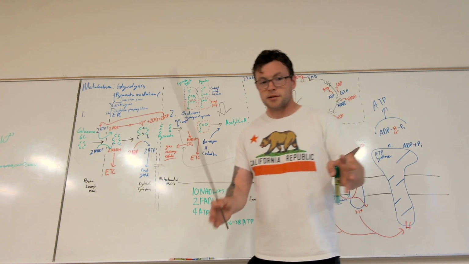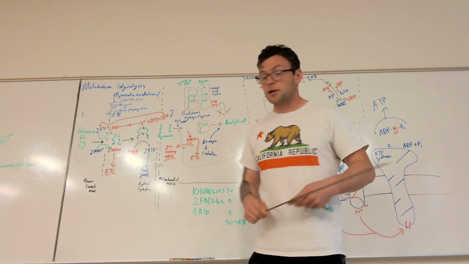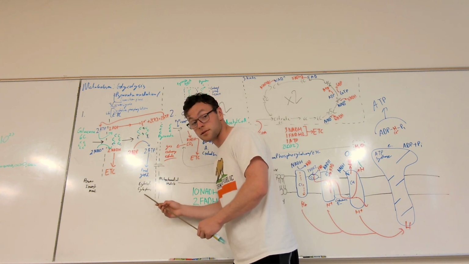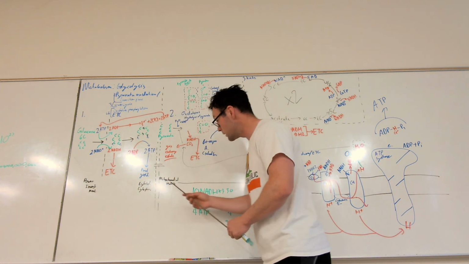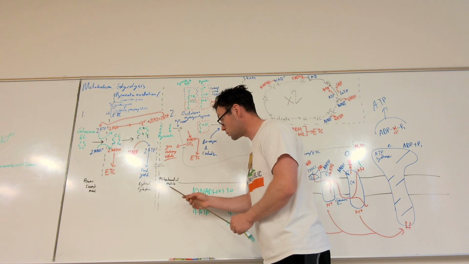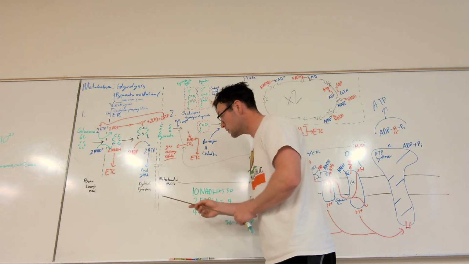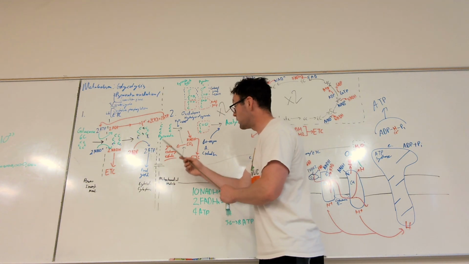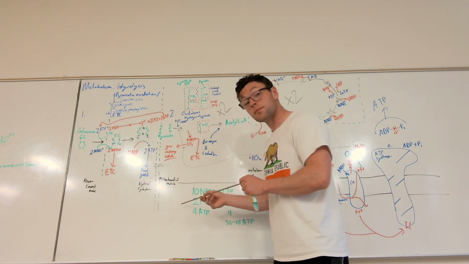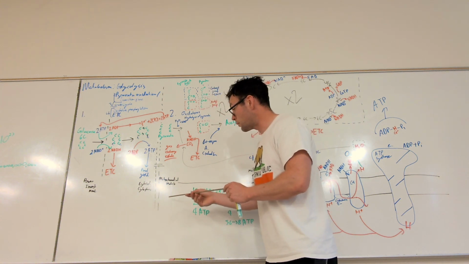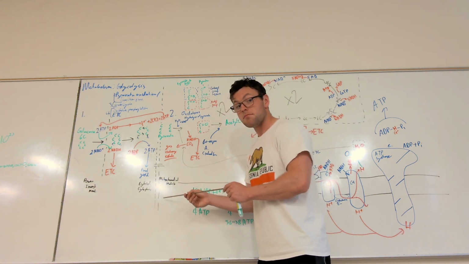One important thing that I did kind of skip over that I messed up in lecture was right here. This was happening in the cytosol and cytoplasm, glycolysis. This is happening in the mitochondrial matrix. So to do this, this pyruvate has now crossed 2 membranes, the outer mitochondrial membrane and then the inner mitochondrial membrane.